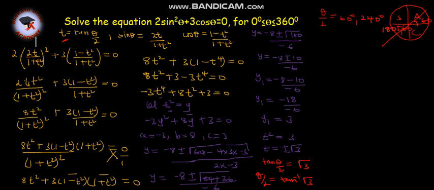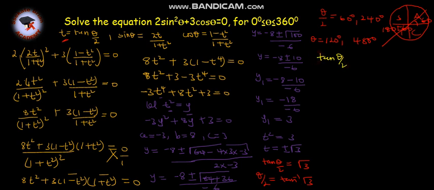So theta, we multiply by 2, we shall get 120 degrees and 480 degrees.